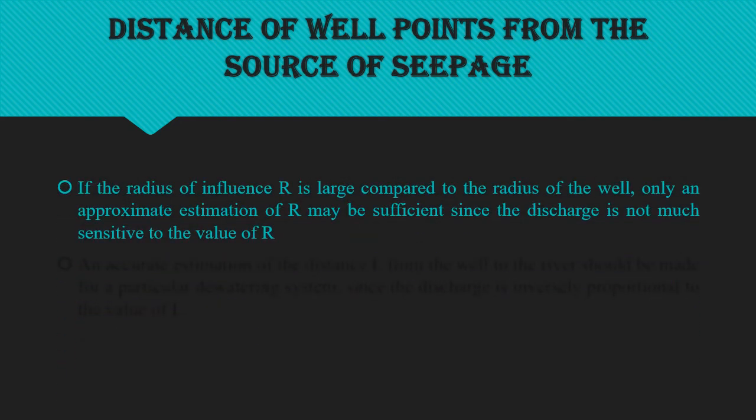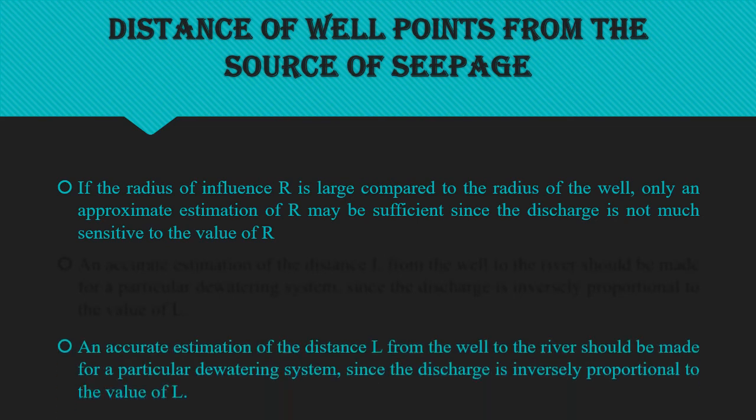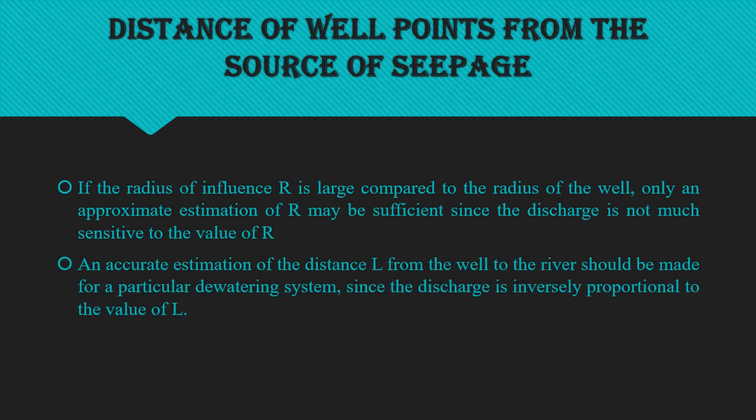If the radius of influence R is large compared to the radius of the well, only an approximate estimation of R may be sufficient, since the discharge is not much sensitive to the value of R. An accurate estimation of the distance L from the well to the river should be made for a particular dewatering system, since the discharge is inversely proportional to the value of L. Based on the field condition, the value of R or L should be ascertained.